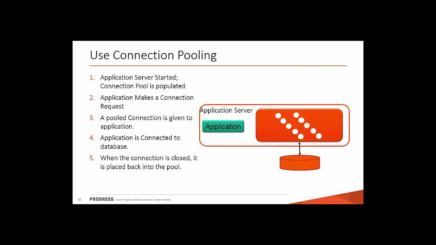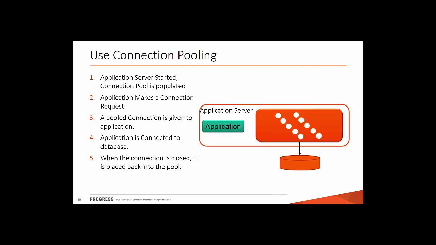But one thing we observe here is that when the application started, we populated our whole pool at a single time. That impacts your application startup, because a lot of connections are created when your application server starts. So another optimization you can do is to just create a connection when it's required. It will check the connection pool.